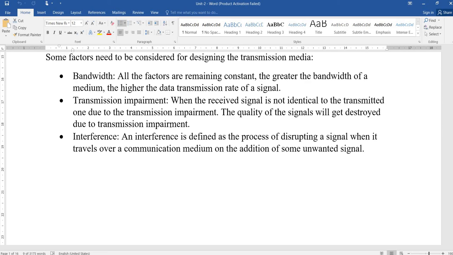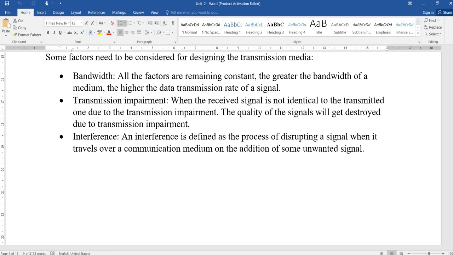My capacity is 10 Mbps, but the actual transmission does not reach that point. Maybe it is 1 Mbps, 2 Mbps, or something like that. It depends on our speed. So bandwidth is the capacity only.